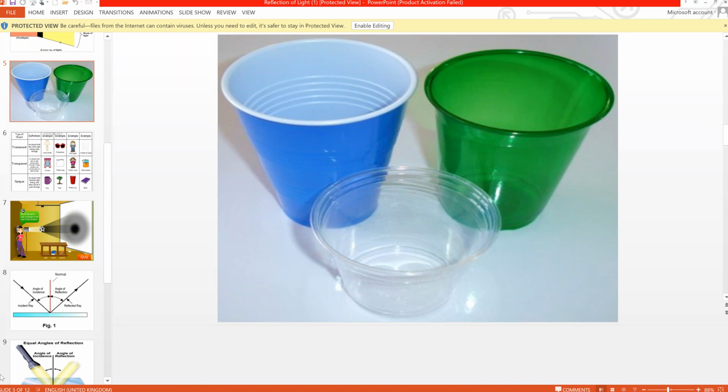Then what are opaque objects? An object that will not allow any light to pass through it is called an opaque object.